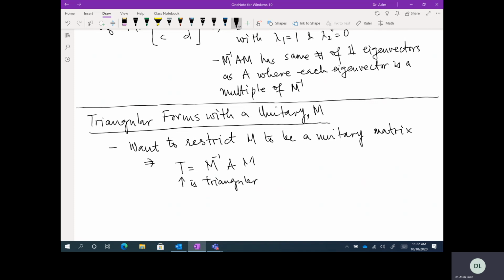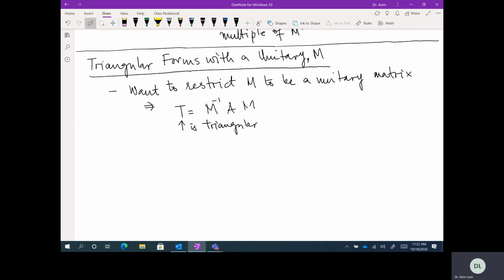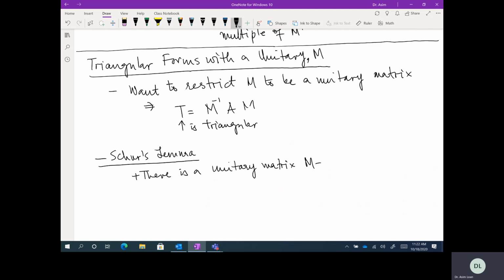So we're going to move on from triangular to a diagonal matrix, but let's see. So we have Schur's lemma. A lemma is when you're doing a bigger proof, then you have some statements of facts. So there is a unitary matrix M equals U, such that U inverse AU is triangular.